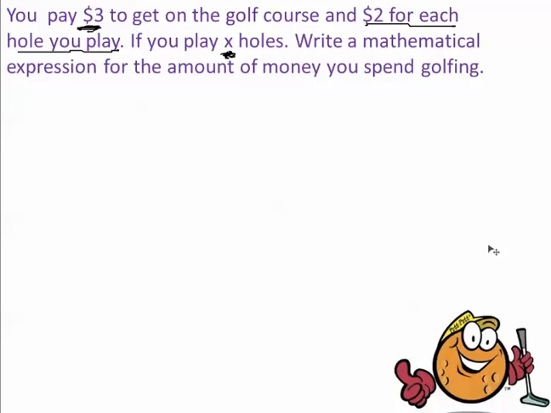Well, a mathematical expression means I need to write numbers and letters. And I know that I paid $3 when I walked in the place, so I'll start out with 3. Then to that, I have to add, because I pay more than that, right? And what am I going to add? Well, I'm going to add $2 every time I play a hole. So this is a good expression for how much it's going to cost me.